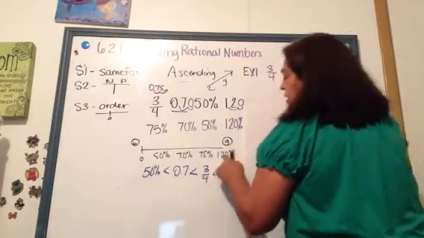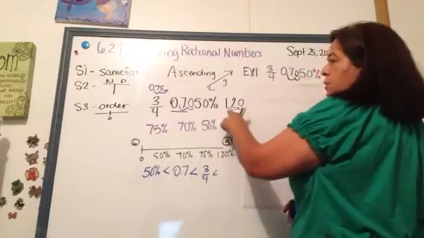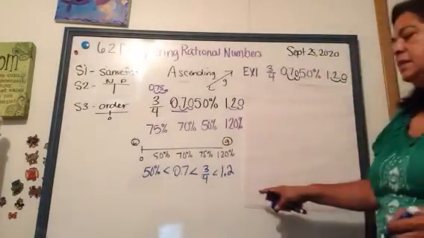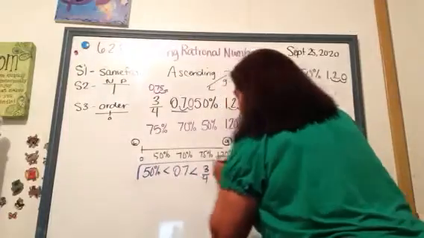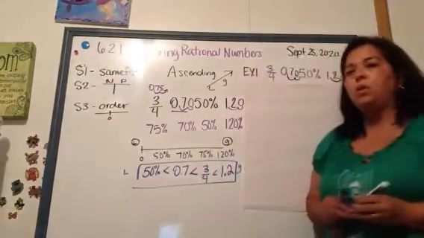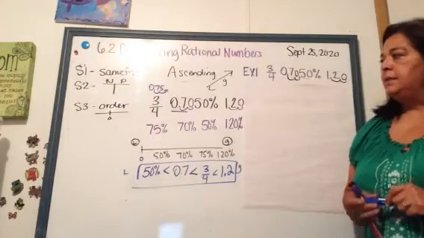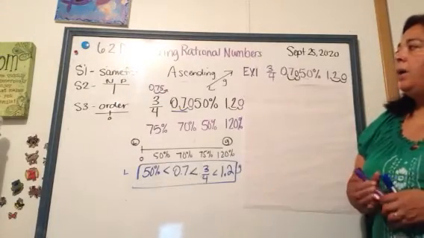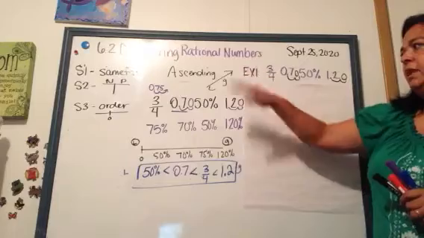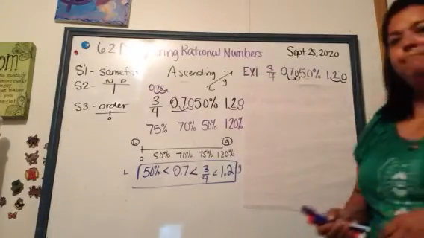And 3/4 is less than 120%, which was 1 2/10. So this is my order from least to greatest in ascending order. Example 1 is complete. Go ahead and pause the video and make sure you have everything written down. All right?